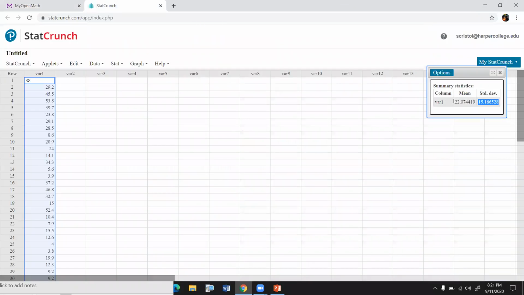Pick those numbers. So here is a number. And let's do the calculations right here on StatCrunch, or you know what, I will do it on a calculator. I'll just take the calculator right here.